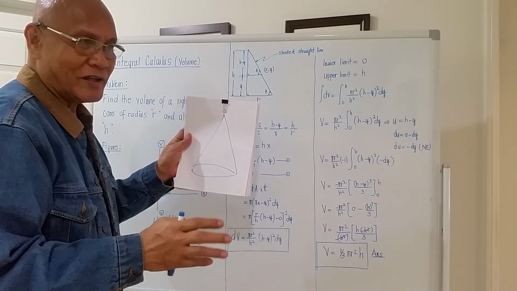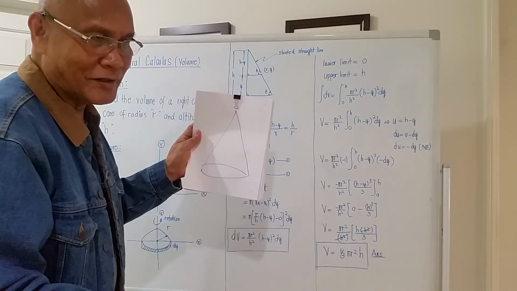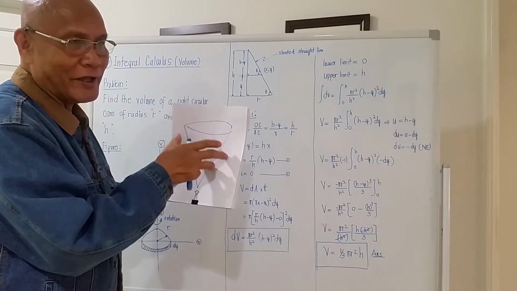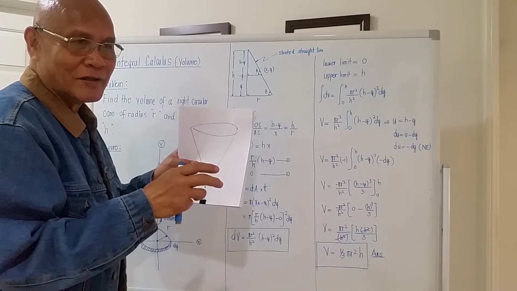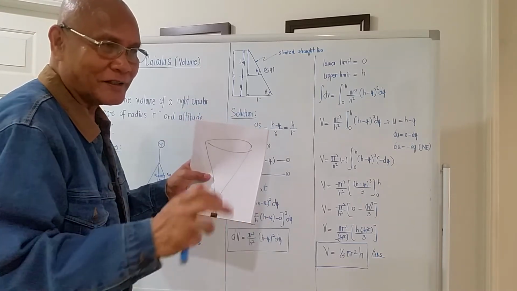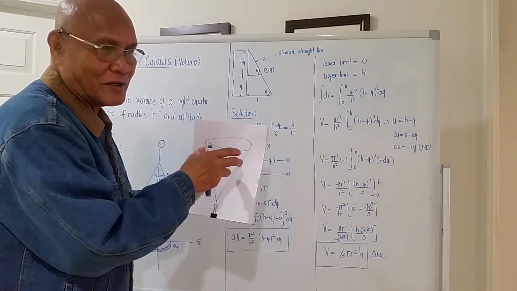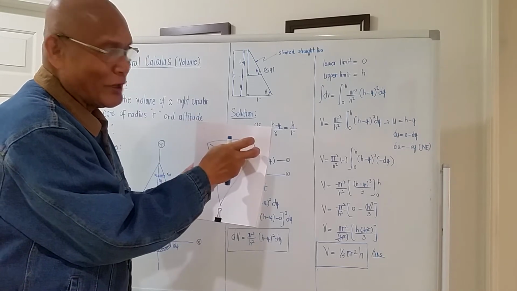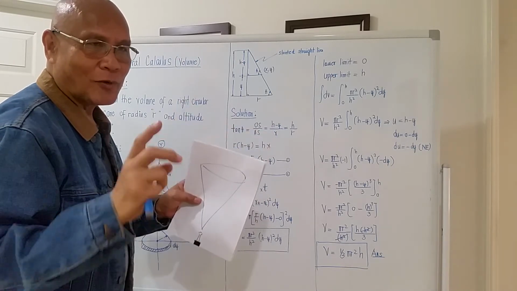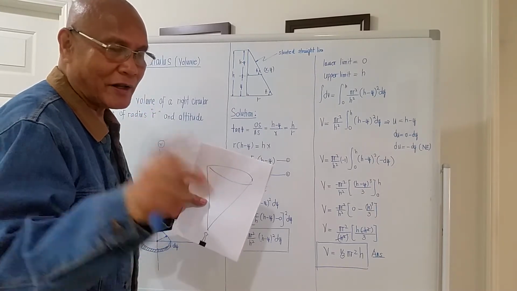Actually, a cone should have a volume. If you try to invert this one, it could contain some liquid inside. So it's a must for us in real life that we should know what will be the volume content of this right circular cone if we are given the radius r and altitude h. So we will now derive the formula for taking the volume as a function of the radius r and h.